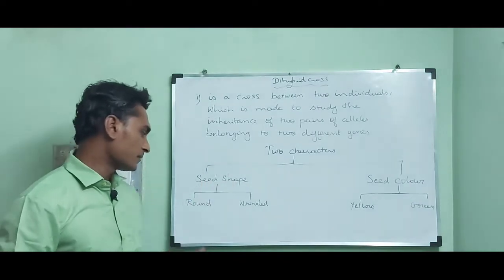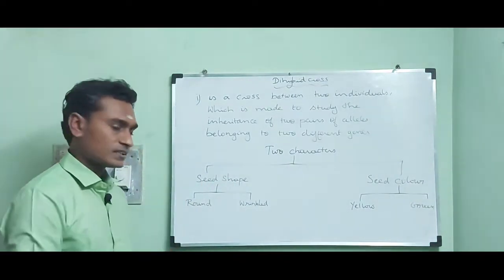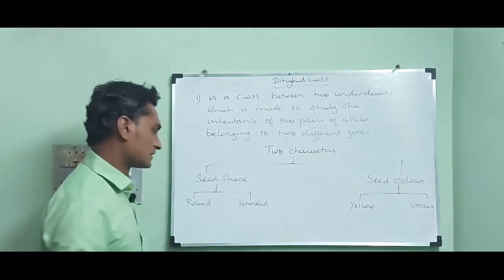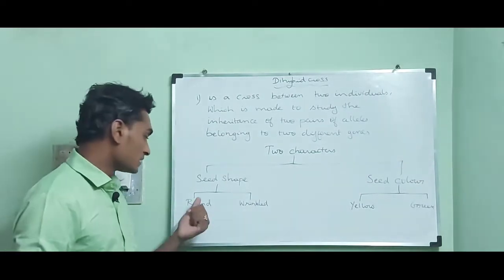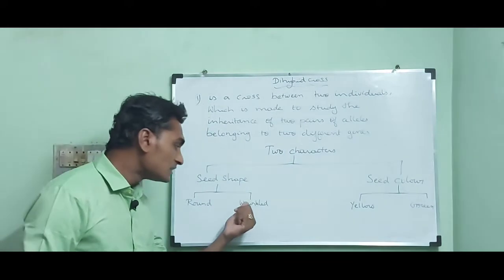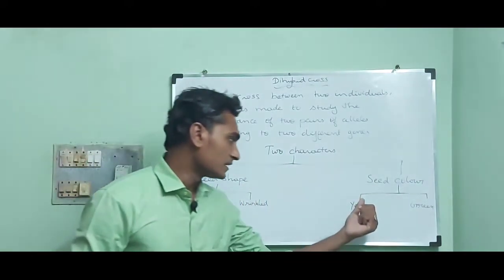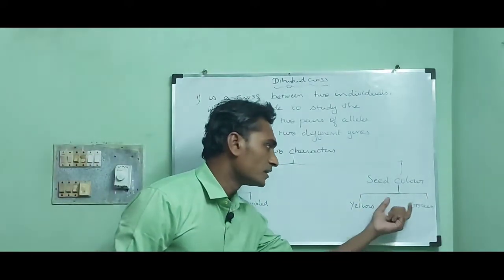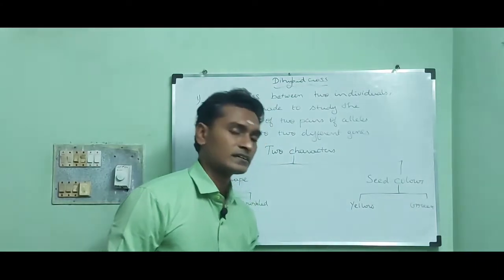In seed shape, the round trait is dominant over the wrinkled. In seed color, the yellow color is dominant over the green color.